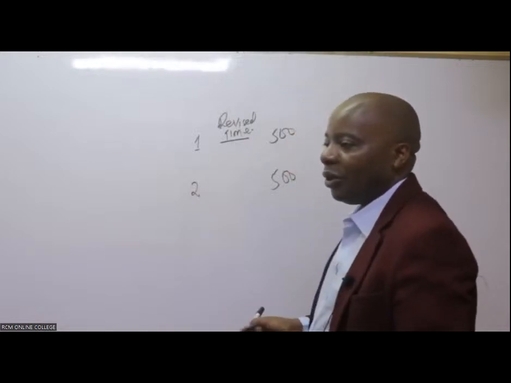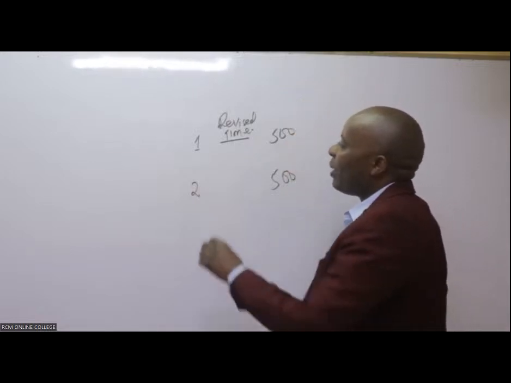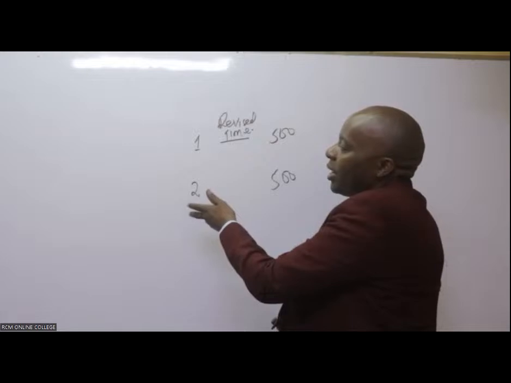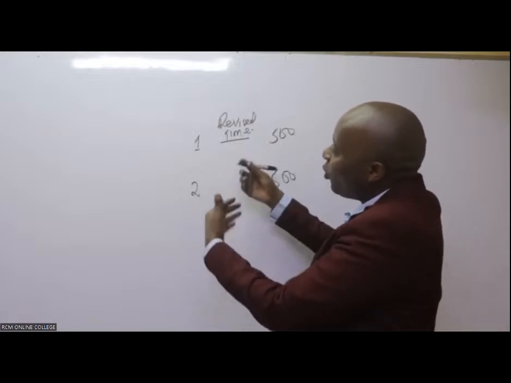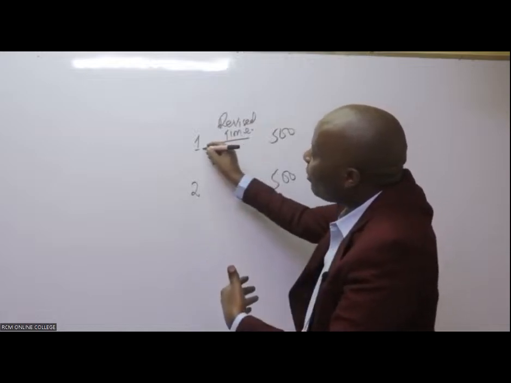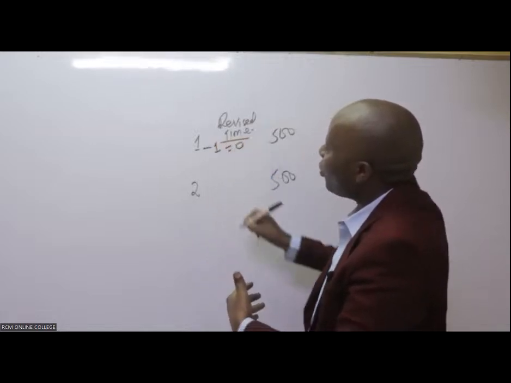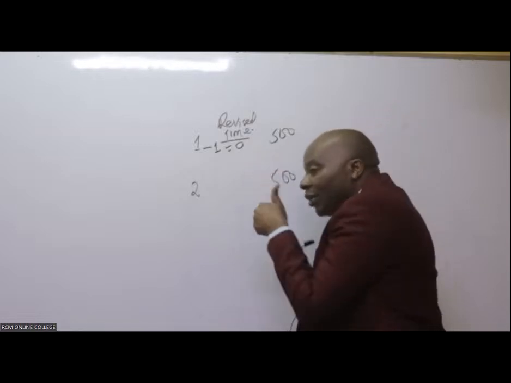You revise the time variable. How do you revise the time variable? By subtracting 1, because these are advanced payments. Whenever they are advanced payments, you subtract 1 to give us the revised time. So in this case, it means 1 minus 1. This gives us what? So this money is paid at time 0.